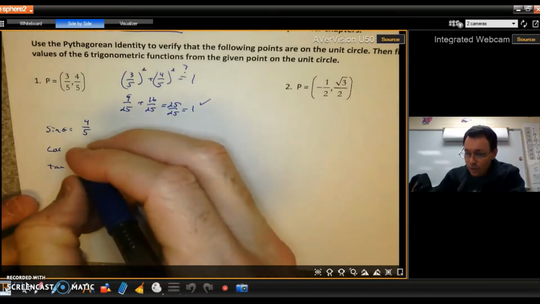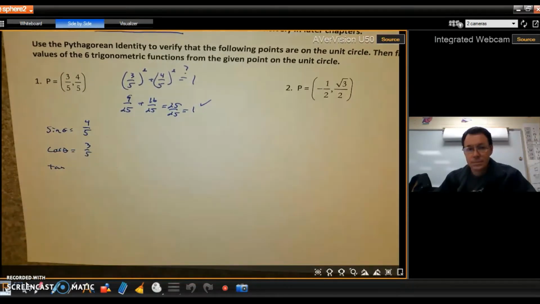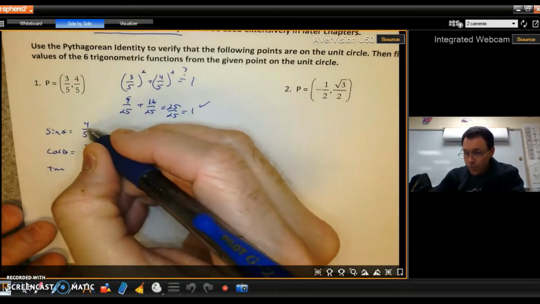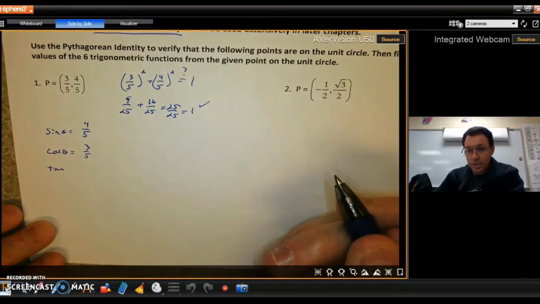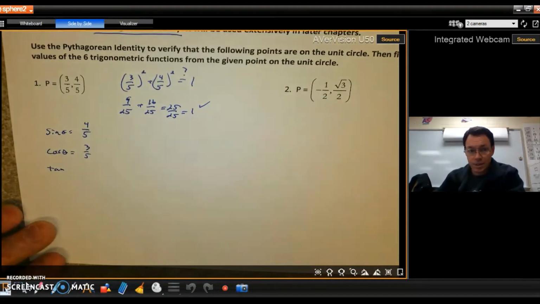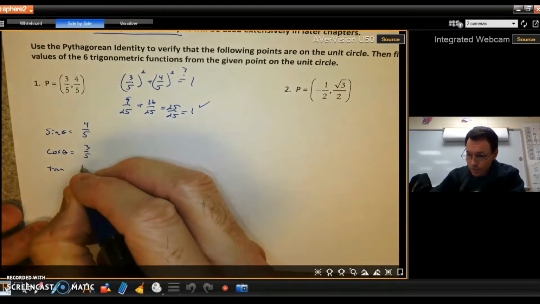The cosine of the angle will be 3/5. And the tangent of the angle will be 4/5 over 3/5. The y over the x. It's also the sine over the cosine. Okay, however you look at it, it's going to be 4/5 divided by 3/5.